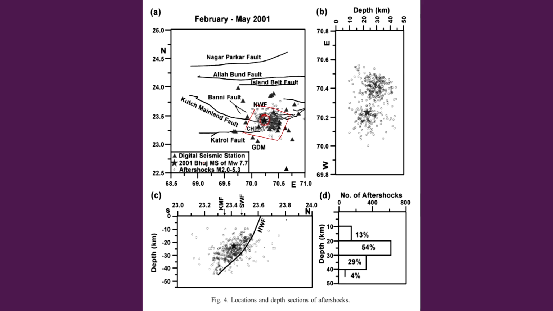Map A, or section A, is the plan view, and then you have a section over here which shows the depth and the distribution on the surface. So, at what depth they are occurring. Similarly, this one, C, shows up to what depth the main shock and aftershocks have occurred.